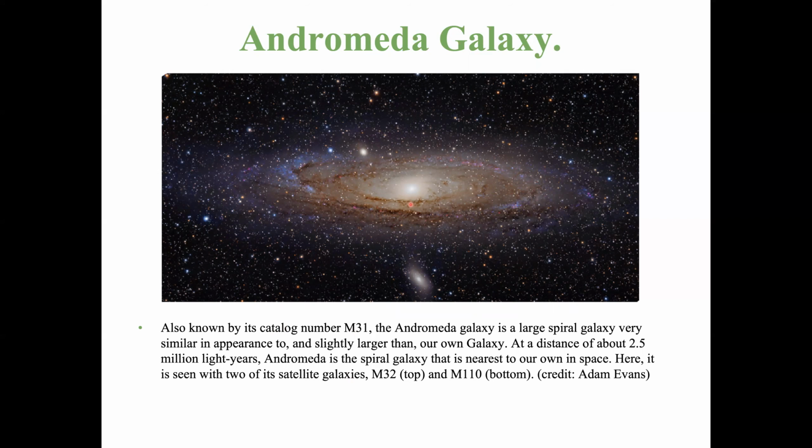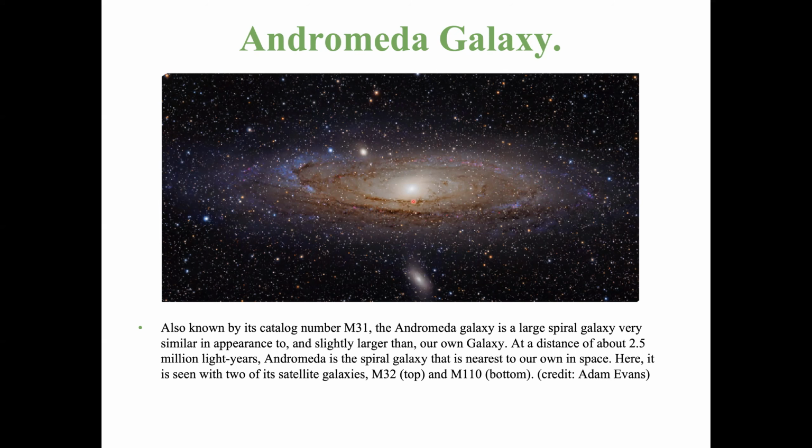However, we have some satellite galaxies close to our Milky Way. These two galaxies, on top you have M32, this one right here, and this is called M110. These are satellite galaxies or dwarf galaxies.